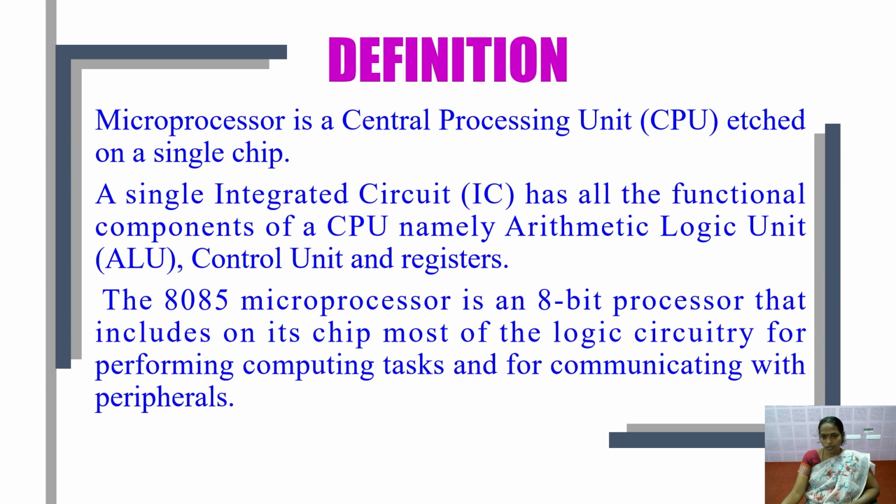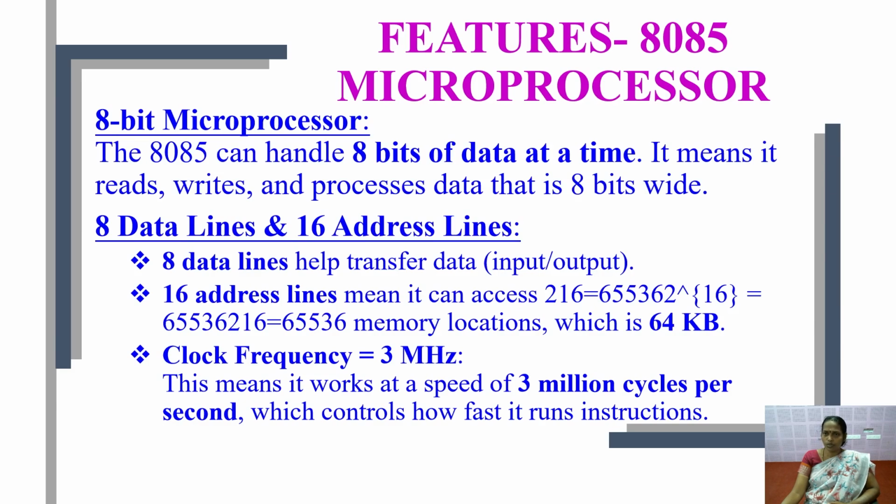Mainly it focuses on the arithmetic and logical unit, the control unit, and some registers. Next, the 8085 microprocessor is an 8-bit microprocessor. It is constructed with an 8-bit microprocessor that includes on its chip most of the logic circuitry for performing the task and communicating with peripherals. Then next are the features of the 8085 microprocessor.